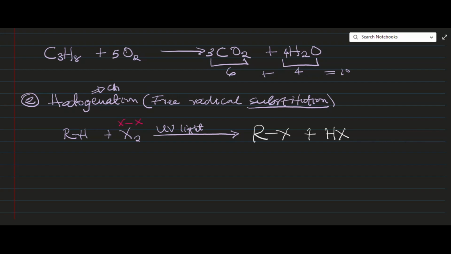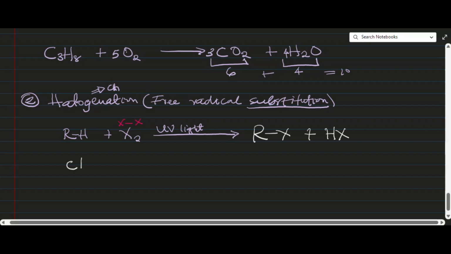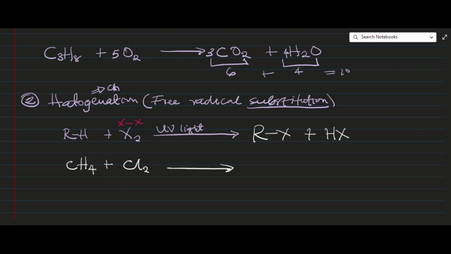So a very good example of this is methane, CH4, plus instead of X, let's use chlorine, Cl2. UV light. So out of 4 hydrogen, one will be substituted with chlorine.